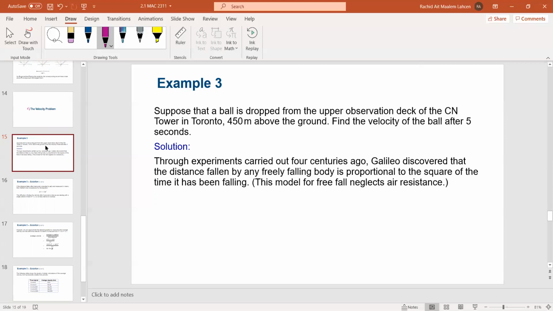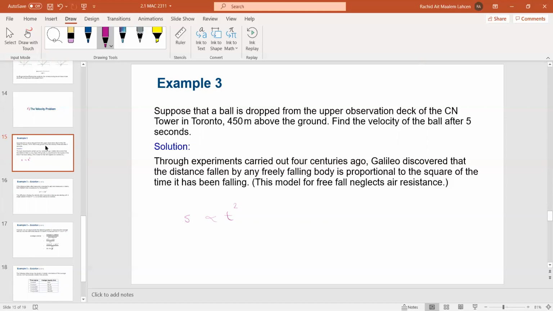So some experiments were done, and Galileo discovered that the distance fallen by any freely falling body is proportional to the square of the time that it has been falling.